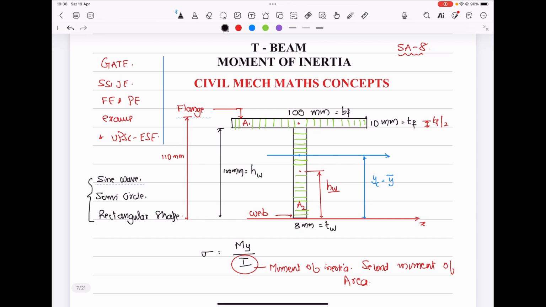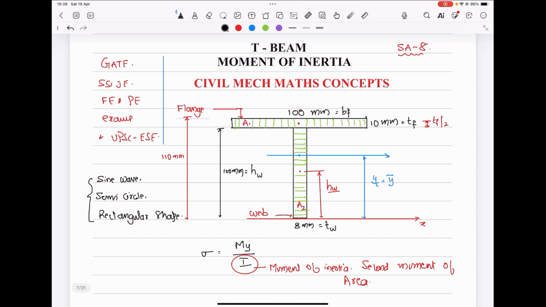First we found the area, then the first moment of area, and from the ratio of first moment of area to the area we found the center of gravity, with respect to x-axis or y-axis.